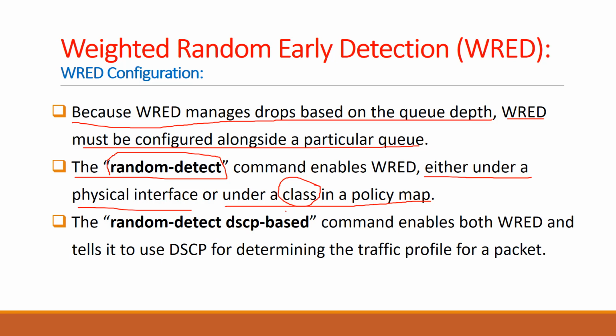So under the policy map and class default, we enable random-detect to enable WRED. The random-detect dscp-based command enables WRED and tells it to use DSCP, because the default is IP precedence or precedence-based, for determining the traffic profile for a packet. As we mentioned earlier, we have a default traffic profile, and we can make a custom traffic profile, configuring the minimum threshold, the maximum threshold, and the MPD.